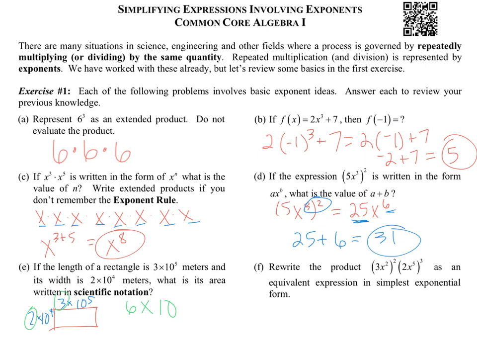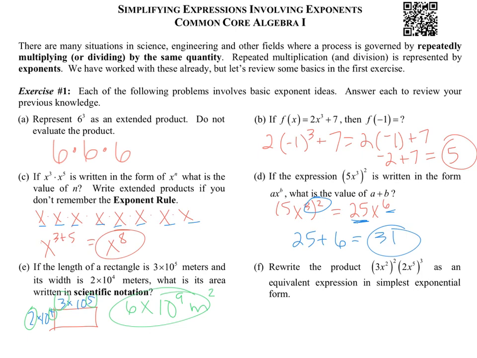And it's always times 10 because our base number system is 10. And when we multiply numbers that have the same base, we add the exponents, so it becomes 9. And this is meters squared because we found the area.